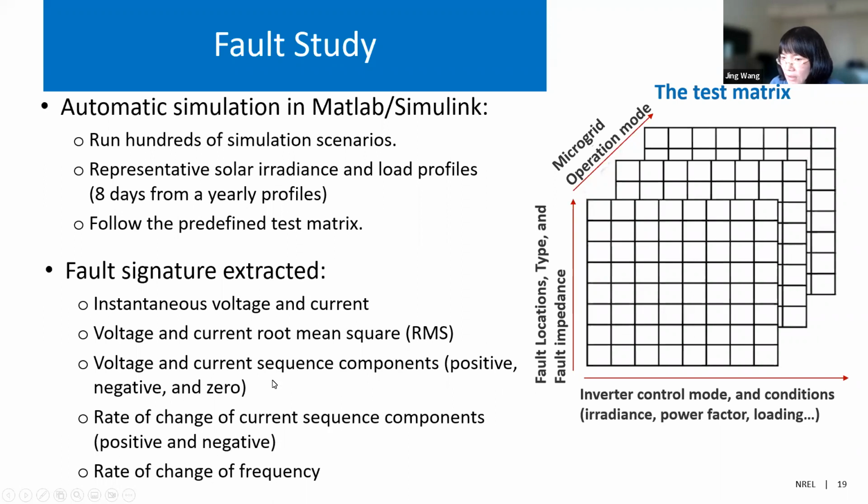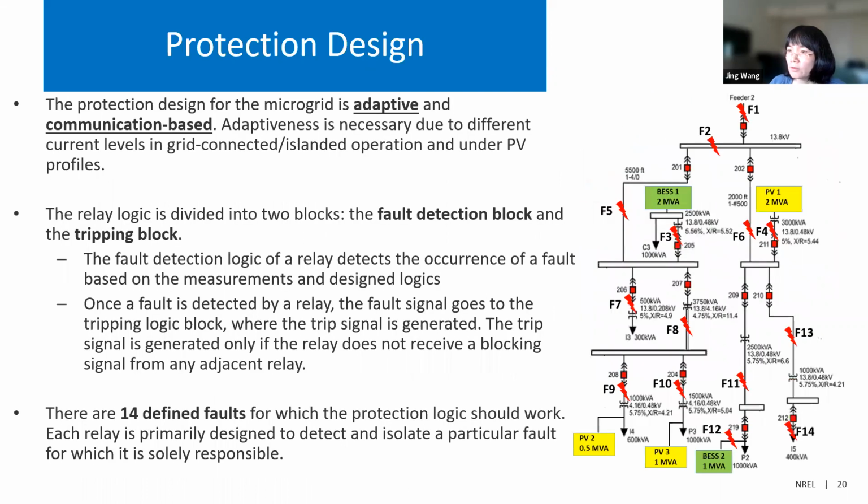All those features we extract, and with those we then analyze which are the interesting indicators to say there's a fault there. That's how we extract the essential features to do the protection design. So for the protection design, overall, we use an adaptive and communication-based design.